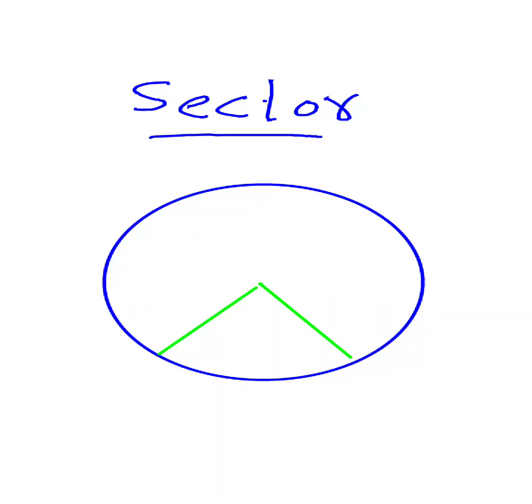So now there are two areas. Consider this as 1 and consider this as 2. This is one part and this is 2. Okay, so this portion is known as the minor sector.